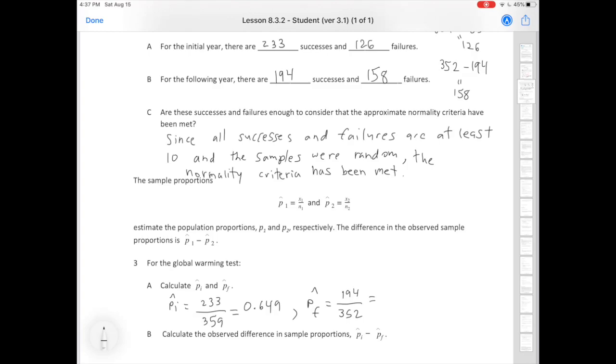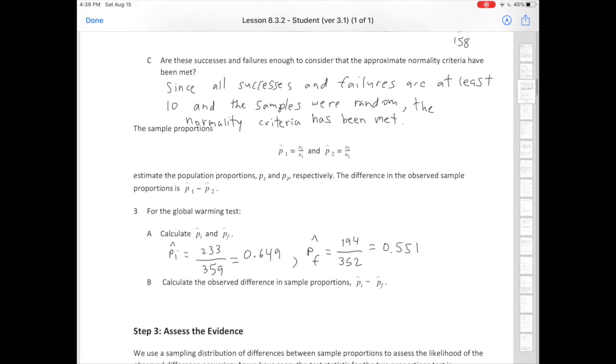Let's see what our calculator says. 194 divided by 352. I get 0.551. It looks like they're different, right? But again, what we're trying to figure out here is, are they different enough that we're sure it's not just luck in our sample drawing, okay?